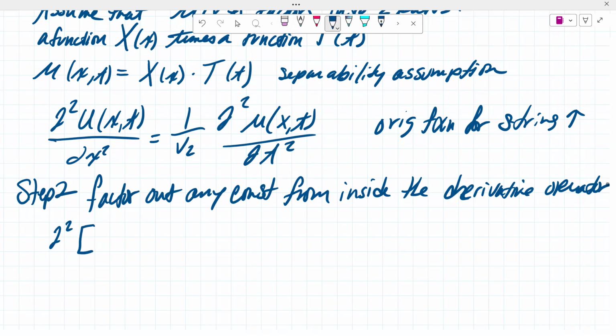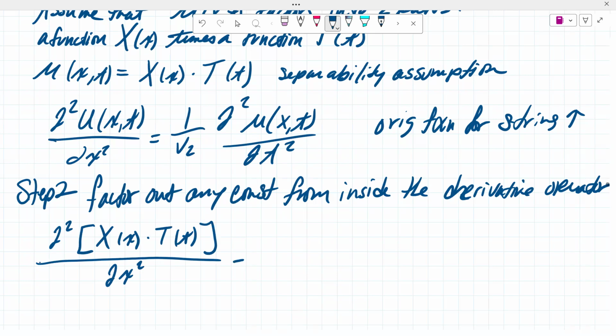Here we have u of x and t, but now I have a definition of u of x and t, which is X of x times T of t. I'm going to put those in the square brackets just so I remember that I substituted something in. It's very easy for me now to see where I substituted something.